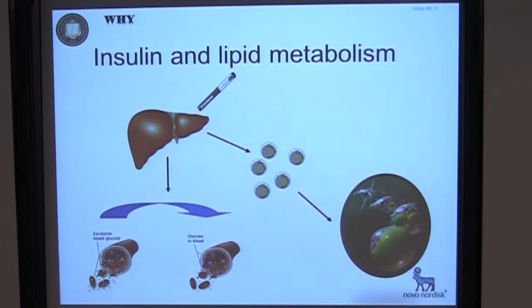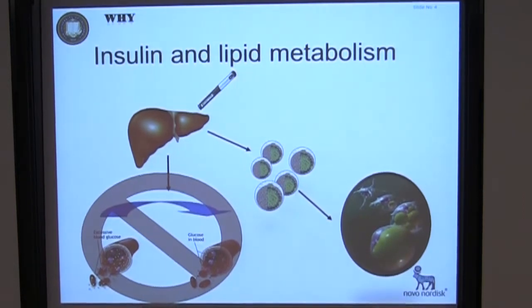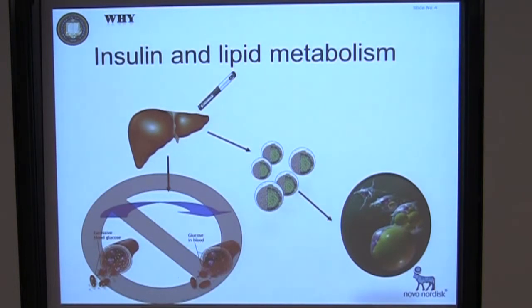But when it comes to insulin resistance, there seems to be an imbalance in these pathways. What is believed to take place is that the pathways down here that affect the glucose metabolism are much more resistant than the lipid pathways.